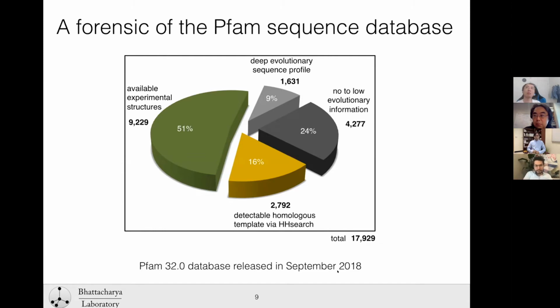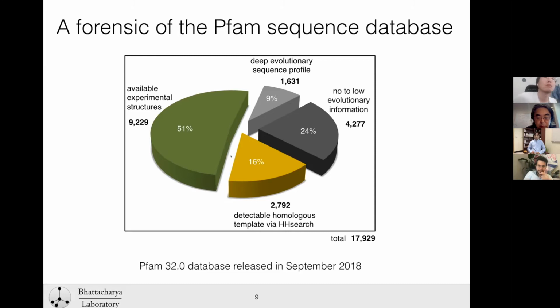In total, there are approximately 17,000 protein families in the Pfam database, out of which more than half, nearly 51%, already have available experimental structures, meaning that at least one member from these families has been solved by either X-ray crystallography, NMR spectroscopy, or cryo-EM, resulting in high-resolution structures deposited to the Protein Data Bank.